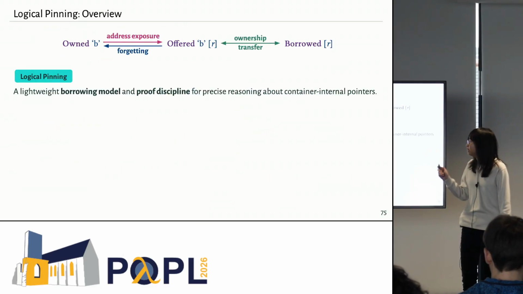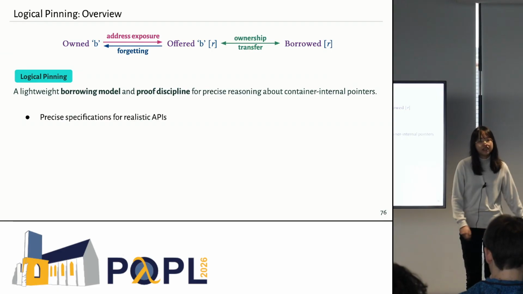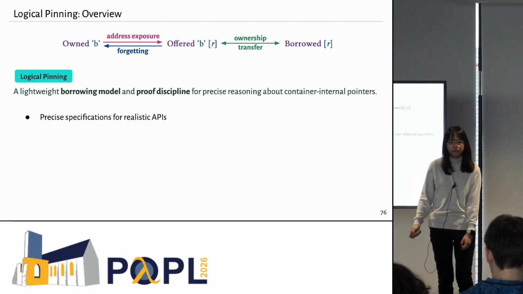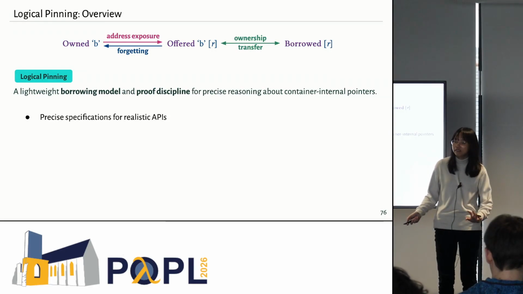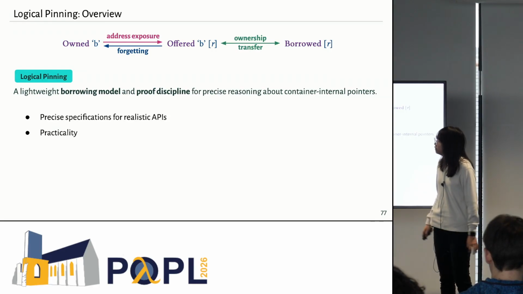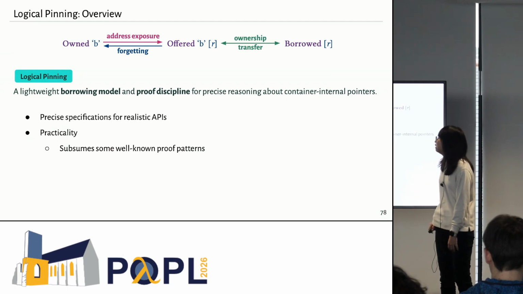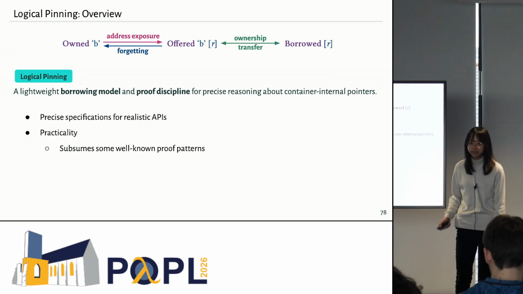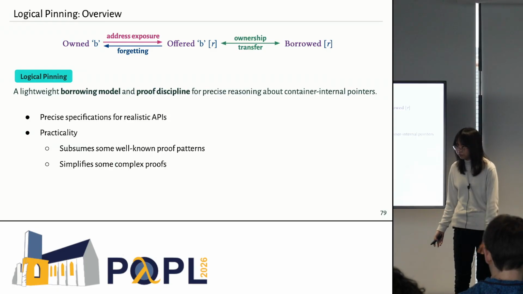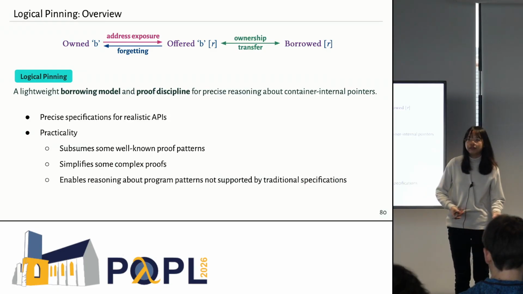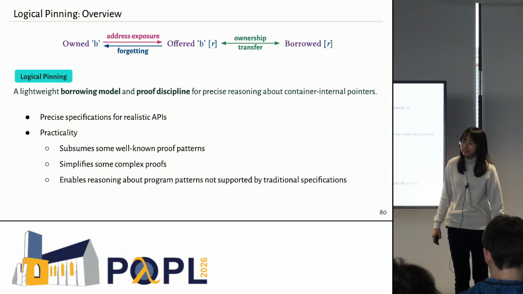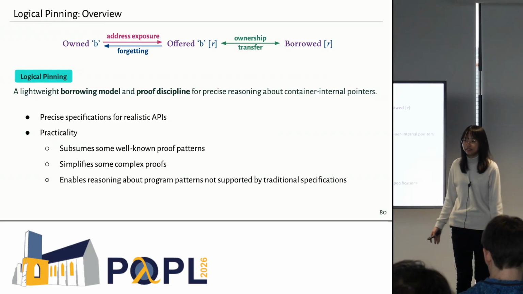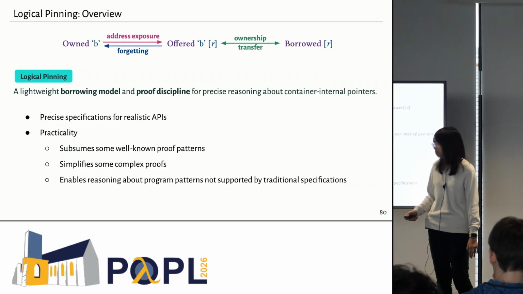So, logical pinning. In this work, we show that logical pinning allows precise specification of realistic APIs for lists and trees. And then we show that it's practical by showing that it captures some well-known proof patterns. It simplifies some complex proofs, and it also enables reasoning about program patterns that are not supported by the traditional specification.